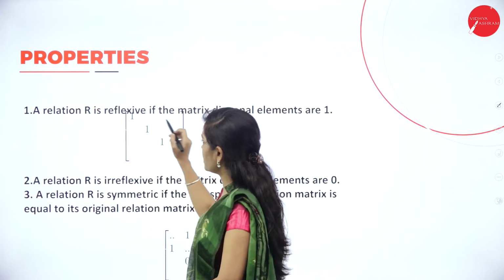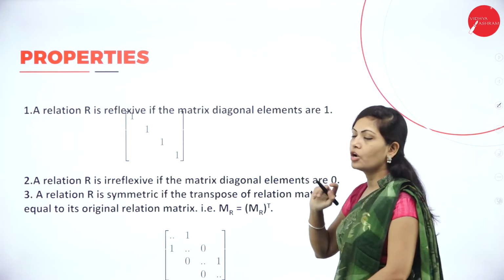How to represent a matrix using a relation? A relation R is reflexive if the matrix diagonal elements are 1.